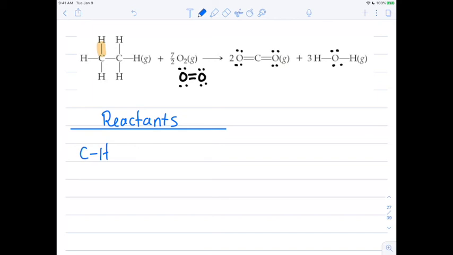So see 6 has come in. Excellent. So we have 1, 2, 3, 4, 5, 6, and this is for the reactant side only. So I see 6 CH bonds on the reactant side. So any questions on how we determine there's 6 CH bonds on that reactant side? All right, what other bond types do we have on the reactant side?